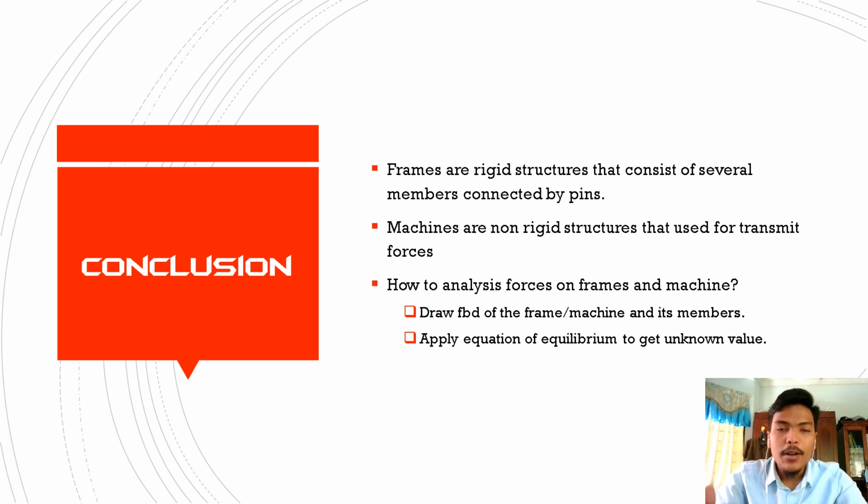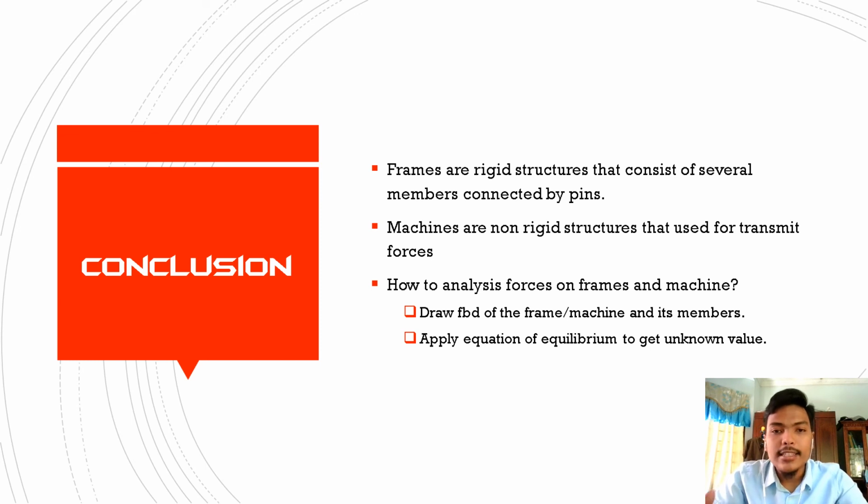So, frames and machines. What is a frame? Frames are rigid structures that consist of several members connected by pins. Generally, frames are stationary, not moving, and have support from external loads. A machine, on the other hand, is a non-rigid structure used to transmit forces. It contains moving parts, and machines are designed to alter the effect of forces.